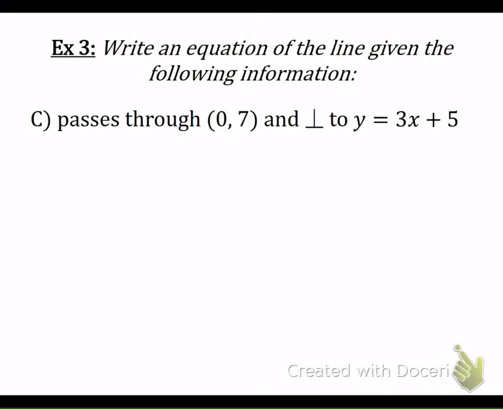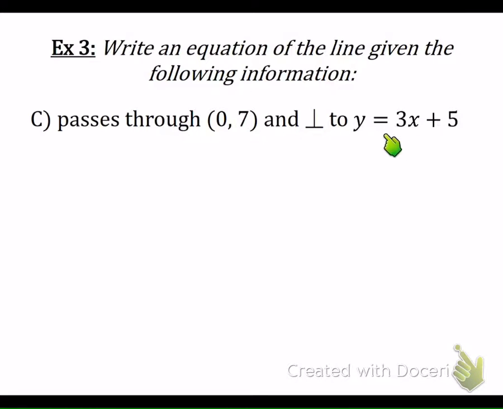Who has some ideas of what we're going to do? That means perpendicular to. So I want to go through this point, but I want to be perpendicular to this guy. We're going to do 7 equals 3 times 0 plus 5.